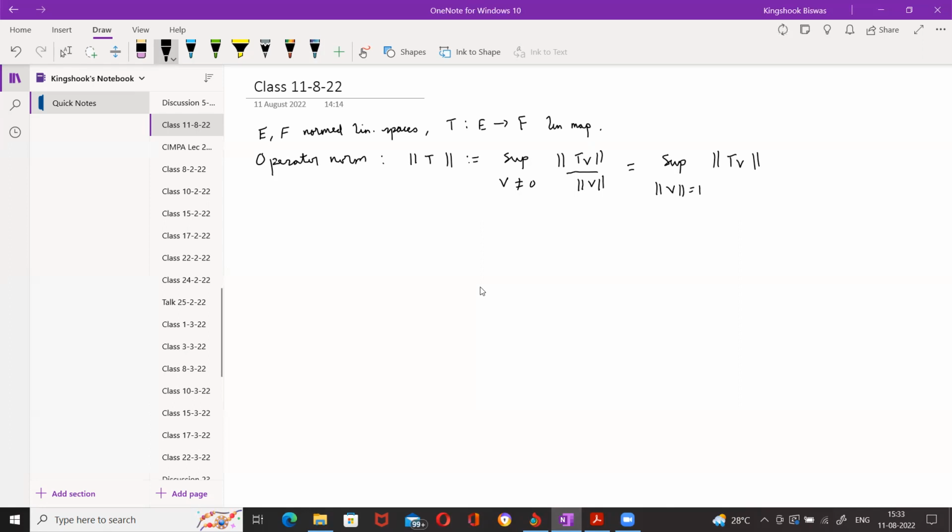And so geometrically, what is this? If, for example, T is a linear map from Rn to Rn, where Rn has the usual L2 norm, then the image of the unit sphere under T, suppose T is invertible, is an ellipsoid.